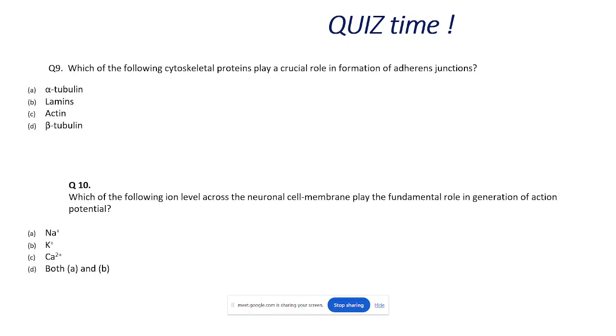The generation of the action potential in the neurons fundamentally involves the rapid changes in the levels of both sodium and potassium ions across the cell membrane. So the influx of sodium ions causes initial depolarization, while the flux of K plus ions is responsible for repolarization and hyperpolarization. So option D.